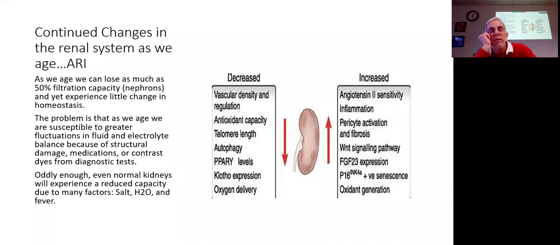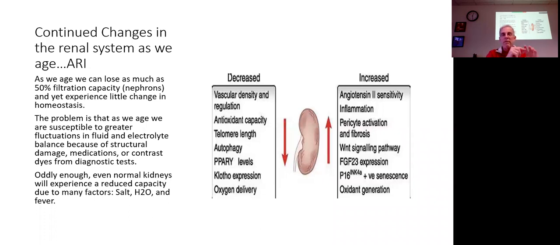We can lose as much as 50%. And this is a number I thought is at least helpful in knowing. You could lose 50% of the capacity of your kidneys under even normal circumstances and yet experience little change in your body's homeostasis, because other changes are also happening. What you need as far as water and food and other things, your body's ability to remain in a homeostatic state, changes throughout age.